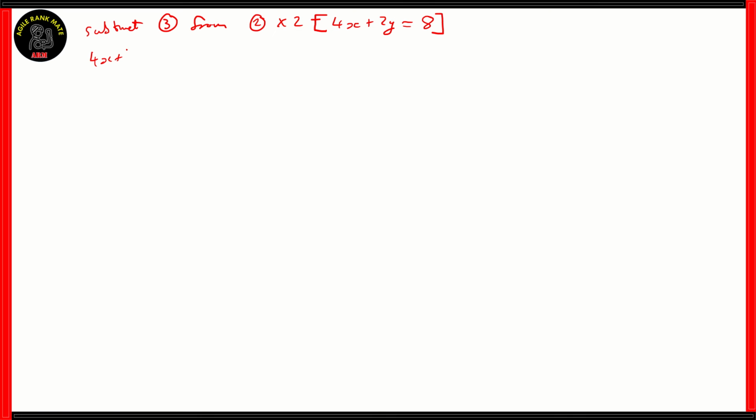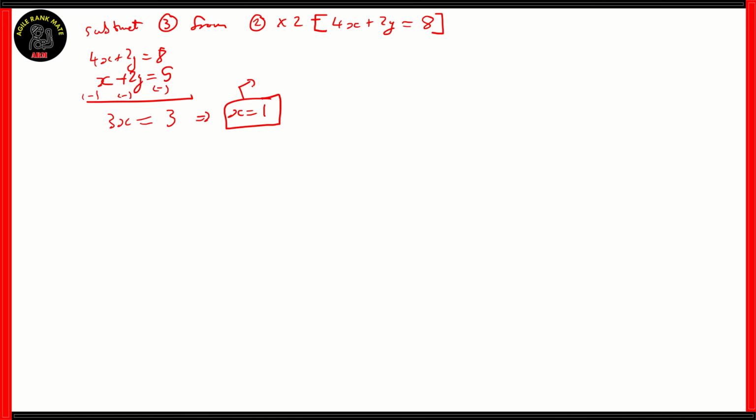So 4x plus 2y equals 8. X plus 2y equals 5. Subtraction's happening. 2y gets cancelled. 8 minus 5 is 3. 4x minus x is 3x. 3x equals 3. That means x equals 1.